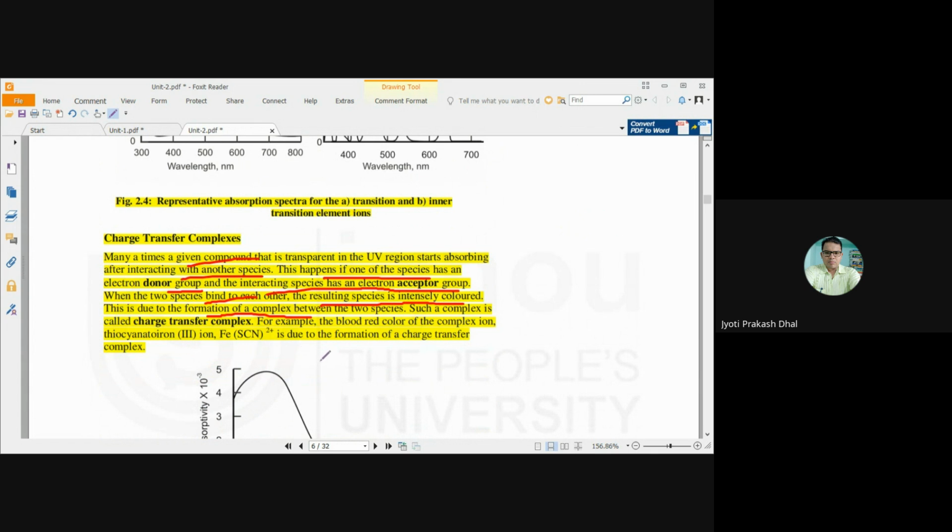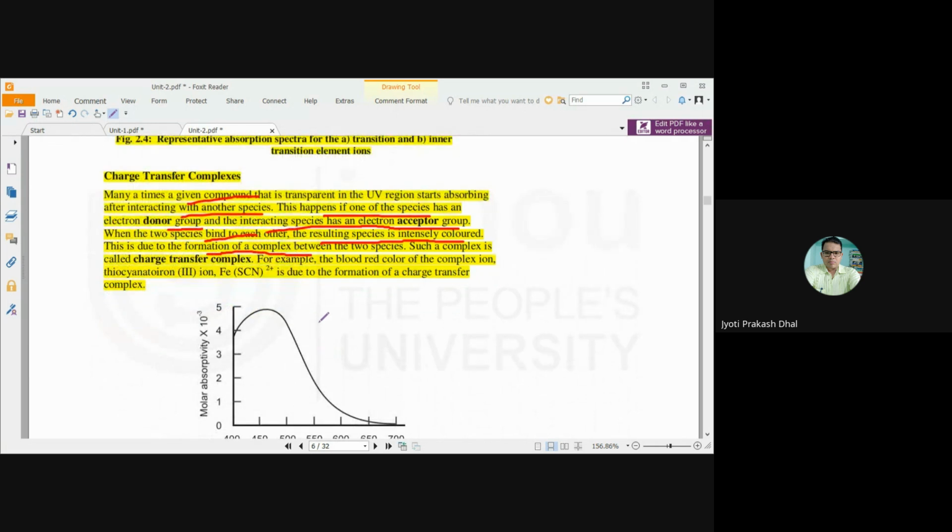That means the complex contains two groups, one an electron donor group and the other an electron acceptor group, and the charge transfer spectra will be obtained.